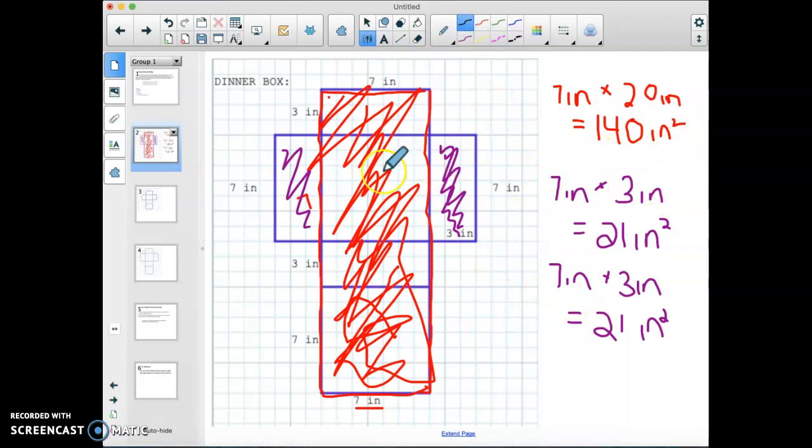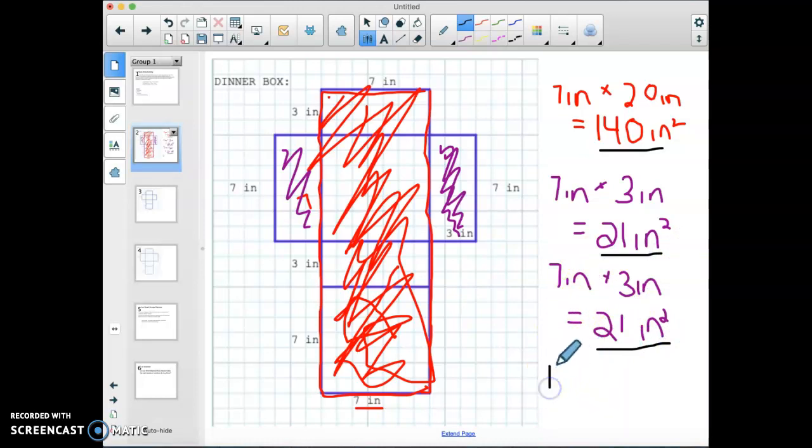Now that we've found all the components of the box, we now have to find the surface area. To find the surface area, if we remember from our direct instruction lesson earlier, we have to take these measurements and add them together.